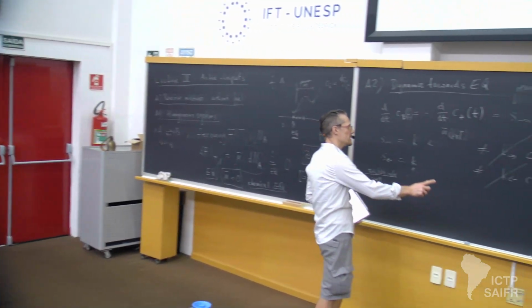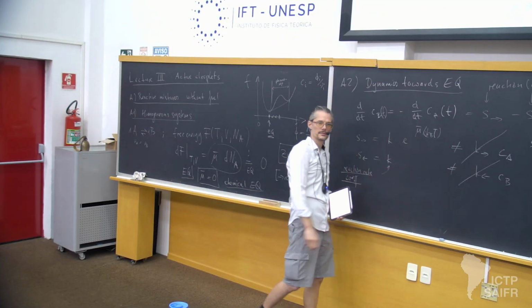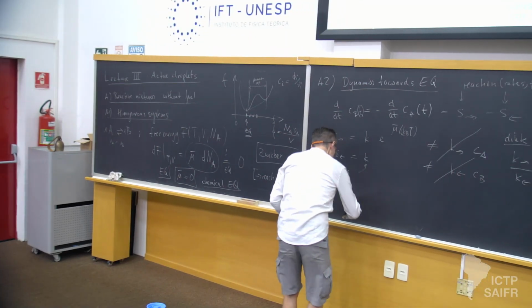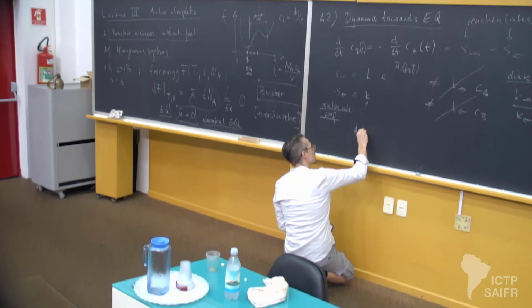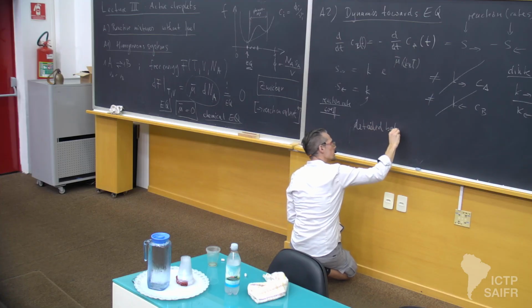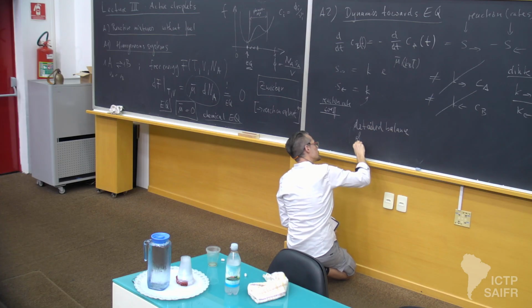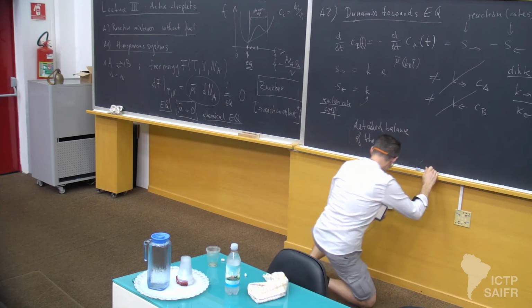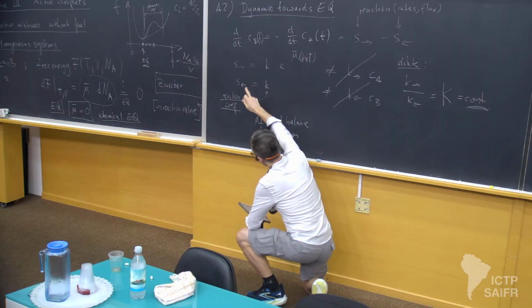And the equivalent of a non-dilute system is exactly this law. And the relationship I'm talking about is called detailed balance of the rates. It's a relationship between the forward and backward pathway.